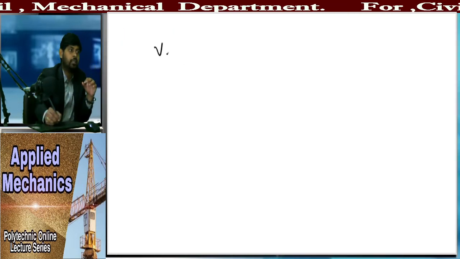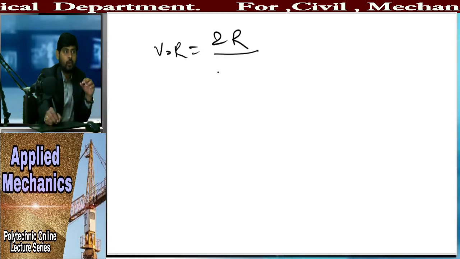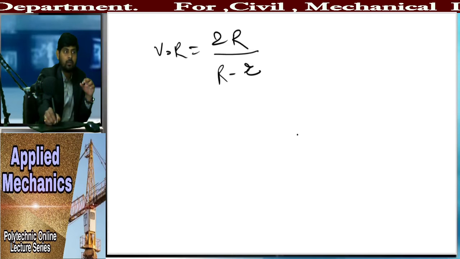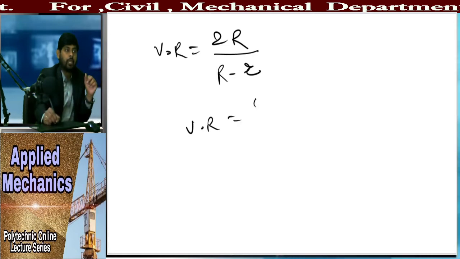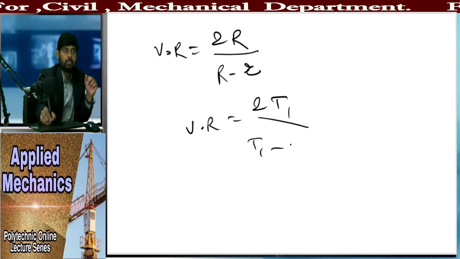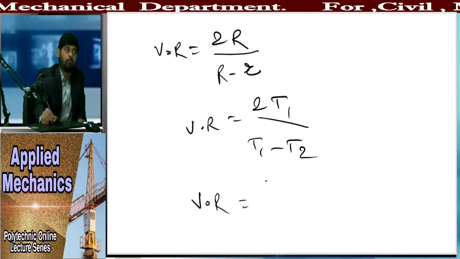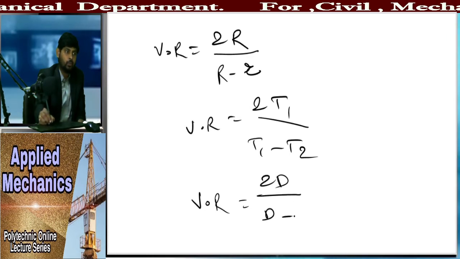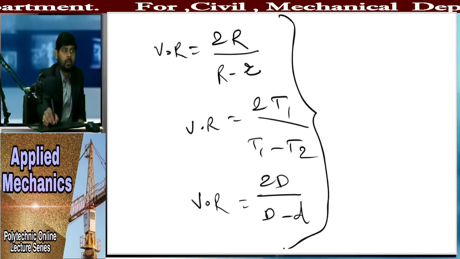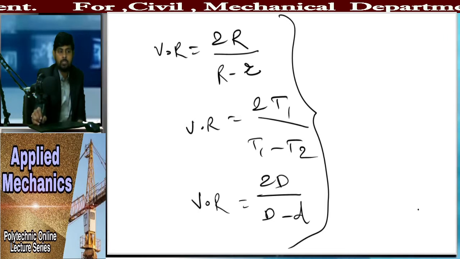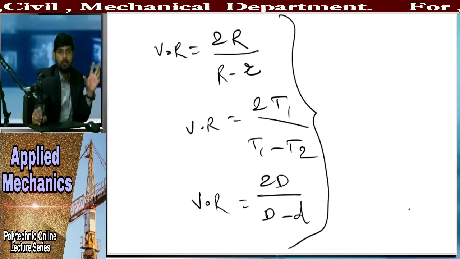Suppose here in this problem it is in radius form, so instead of diameter you have to take 2R upon R minus r. सपोज याच्याच ऐवजी आपल्याला teeth दिले असतील तर आपल्याला वेलोसिटी रेशो काय घ्यावा लागला असता, 2T1 डिवाइडेड बाय T1 मायनस T2, राइट. आणि जर डायमीटर फॉर्म मध्ये दिले तर वेलोसिटी रेशो इज 2D डिवाइडेड बाय D मायनस d. तो हे एक ऍडिशनल थिंग आहे वेस्टर्न्स डिफरन्शियल पुली ब्लॉक मध्ये, जी आपल्याला लक्षात ठेवायची आहे.